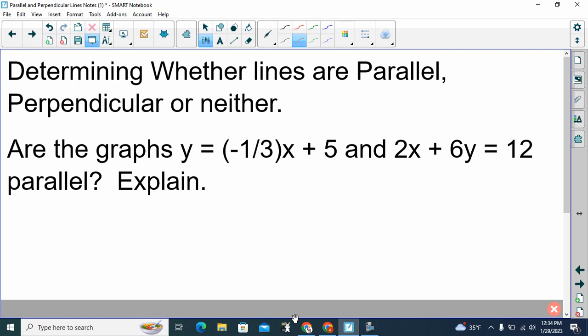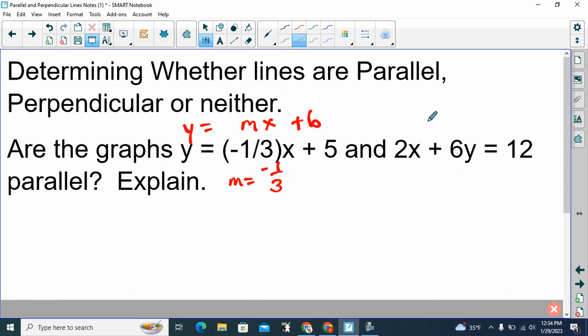This first line, y equals mx plus b, it's in slope-intercept form. We can see the slope right away. We don't need to do any work to get the slope. The slope is negative 1/3.